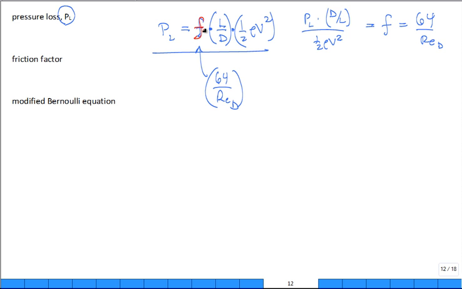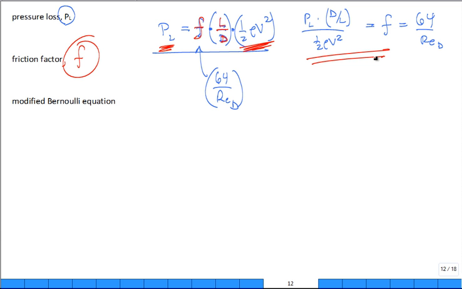The friction factor is a dimensionless parameter. L over D is also dimensionless, is it not? But we're going to get pressure from the velocity pressure. The units in that come from the velocity pressure. So your pressure loss is proportional to your velocity pressure, 1/2 rho V squared. That friction factor, F, that's the definition of it right here.